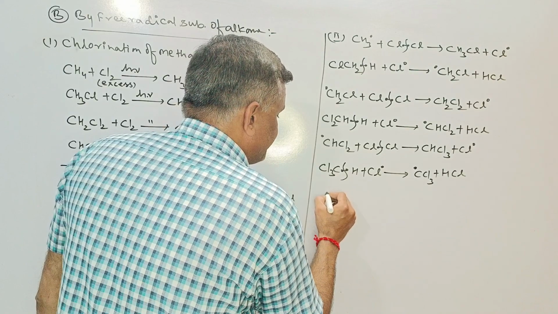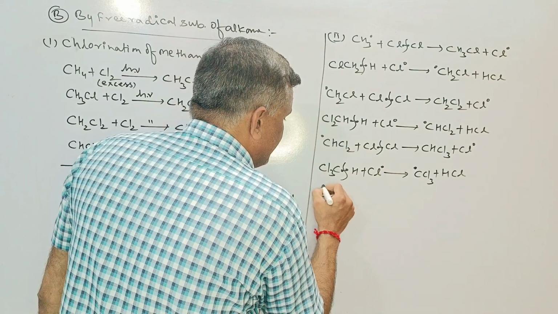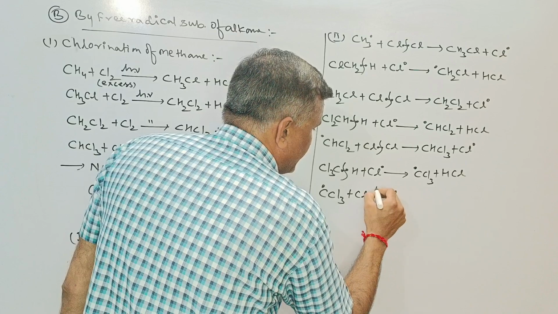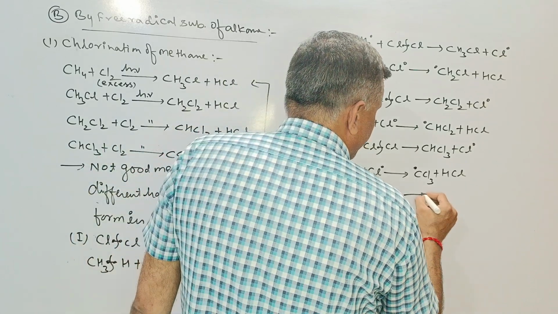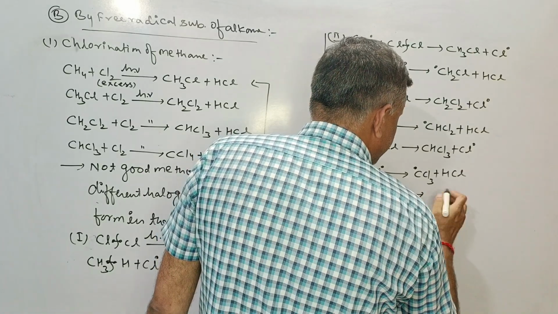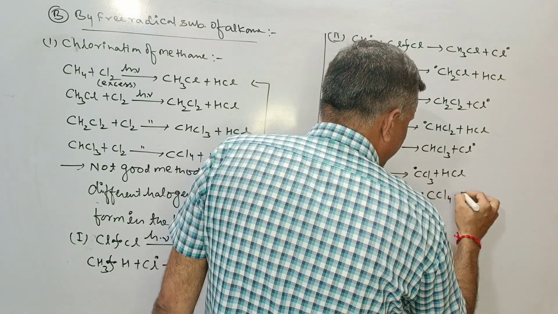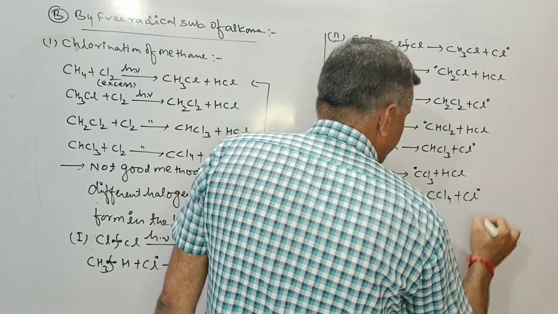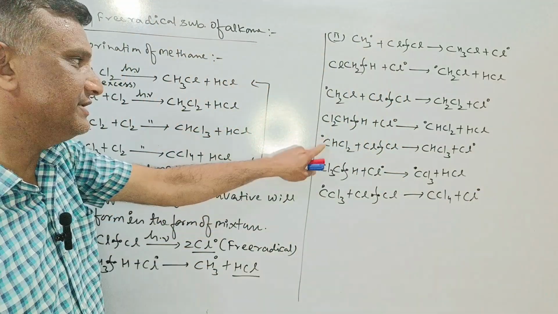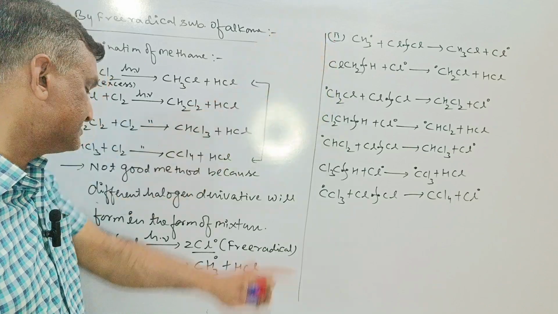Then the CCl3 free radical is attacked by a Cl2 molecule with homolytic bond cleavage, forming CCl4 plus Cl free radical. This was about the chain propagation steps, 1 to 7.